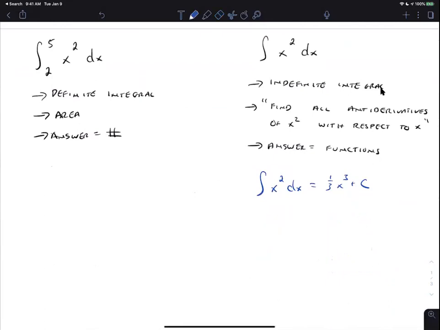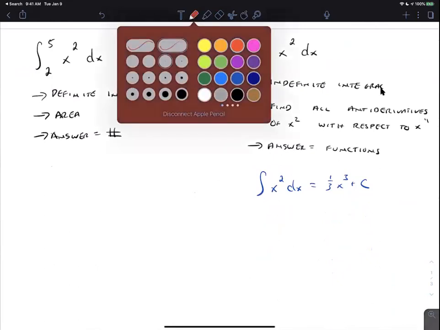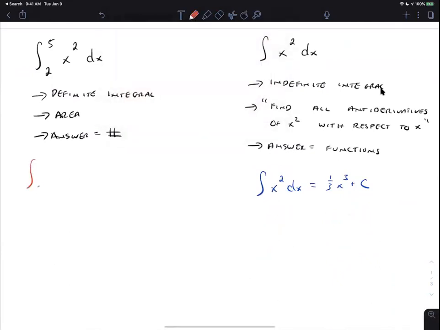Now, over here, the answer is completely different. So if I'm doing the integral from 2 to 5 of x squared dx, based on the fundamental theorem of calculus, you pick an antiderivative. So normally you pick the one where c is 0. So you pick 1/3 x to the third, and you put 2 and 5 at the end of the brackets.